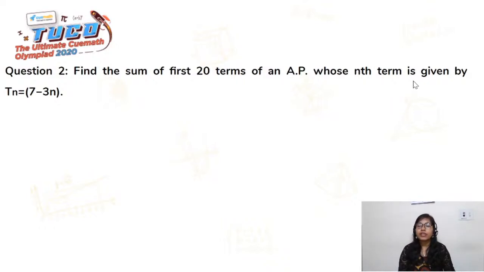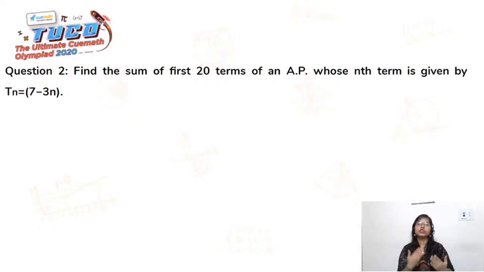Find the sum of the first 20 terms of an AP whose nth term is given by Tn is equal to 7 minus 3n. I would request all of you to go through your basic school math for AP, because this session is basically focusing on your school math along with your IIT foundation and your regular math, and also the Olympiad.